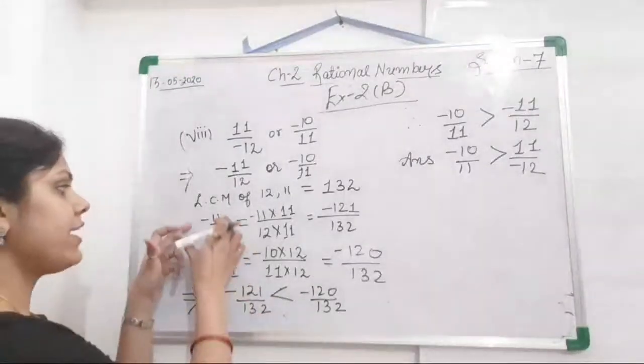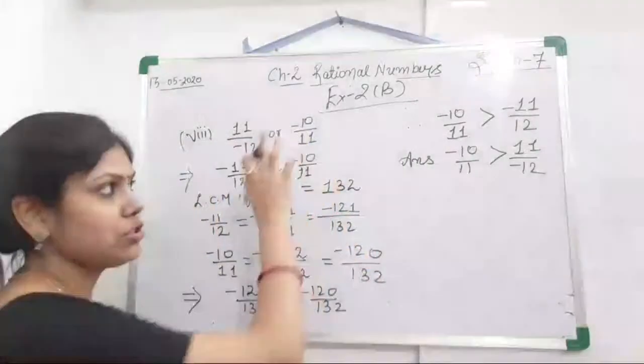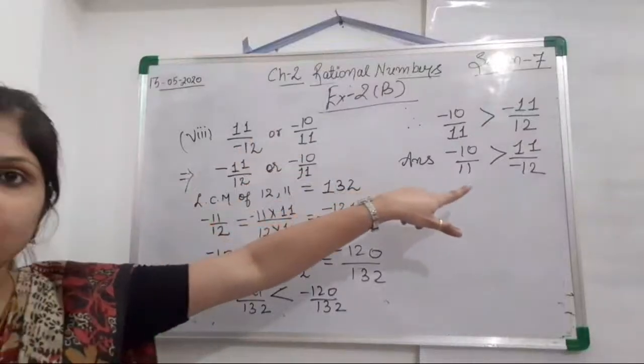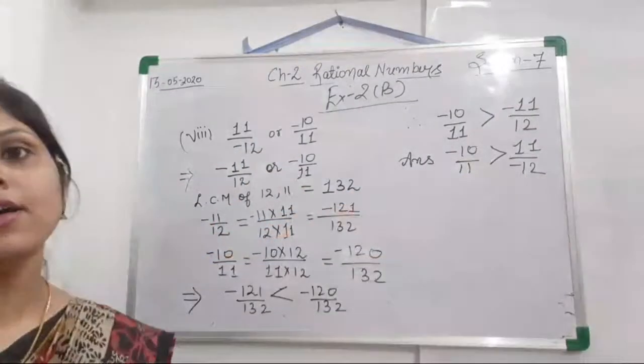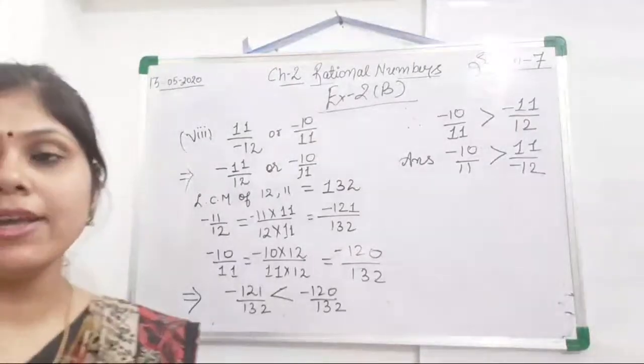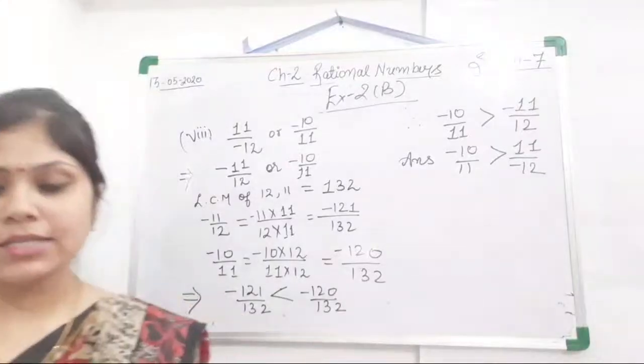Accordingly, you will write the rational numbers in ascending order, and then you will see the question, compare, and write the answer. That will be your answer. And I think because in fractions we have done such kind of questions, it is clear to you all.